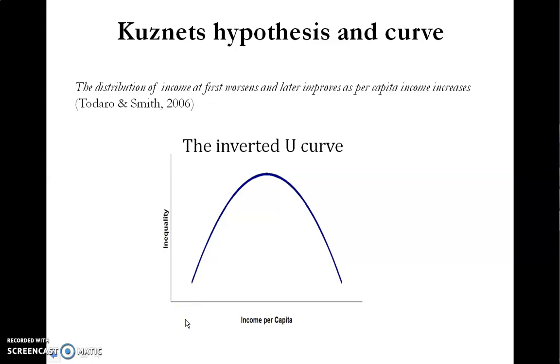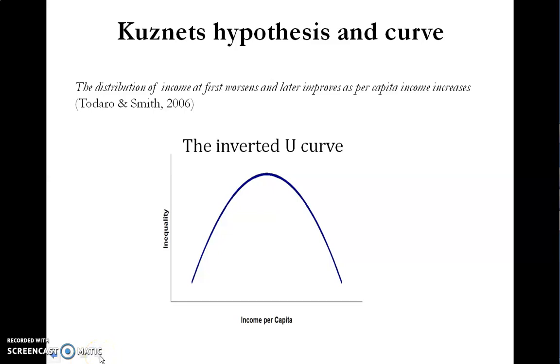According to Kuznets' hypothesis, the distribution of income at first worsens and then later improves as per capita income increases. So this is what is referred to as the Kuznets inverted U-curve. If you need to refresh your memory, go back to Todaro and Smith and read up on this.